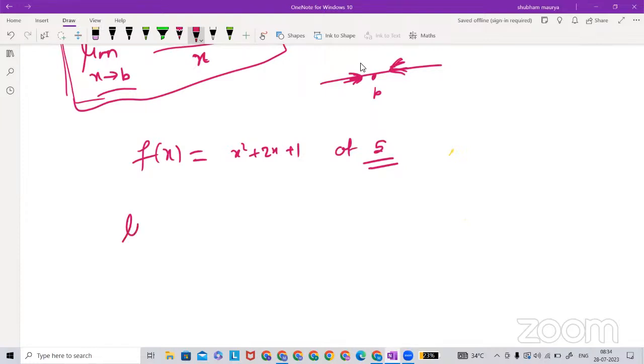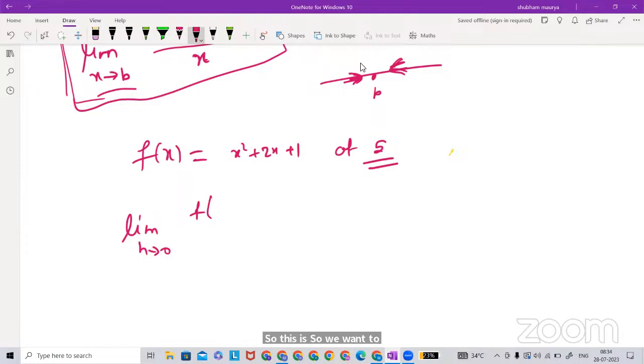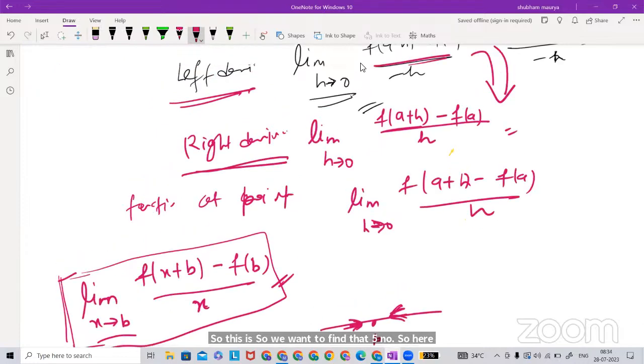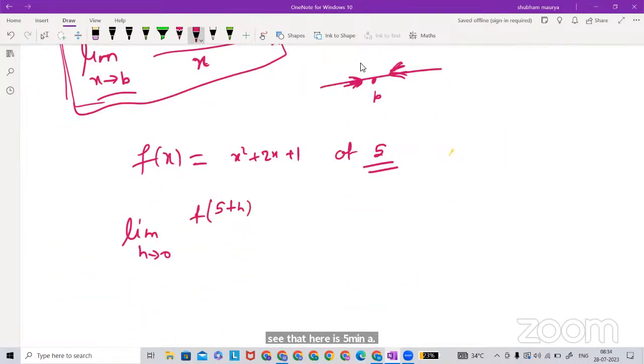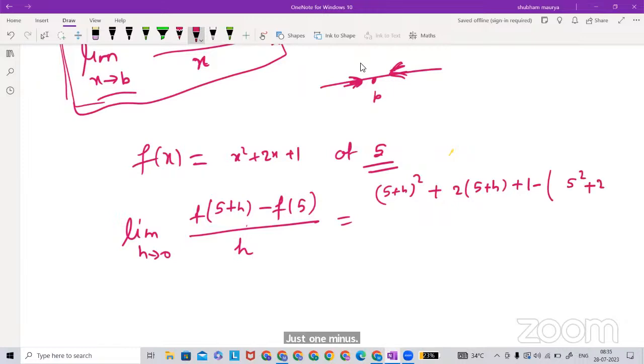So let's find it using the limit as h goes to 0. We want to find it at 5, so here 5 is a. So it is f of 5 plus h minus the value at that point, upon h. Now f of 5 plus h is 5 plus h whole square plus 2 into 5 plus h plus 1, minus 5 square plus 2 into 5 plus 1, upon h.